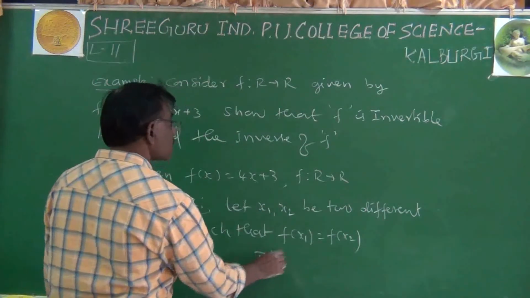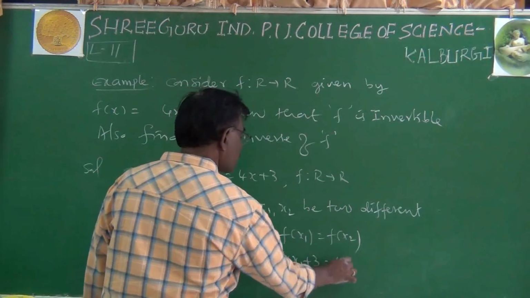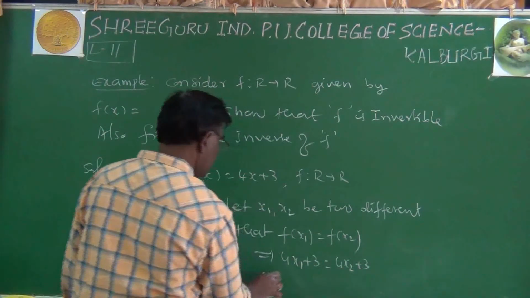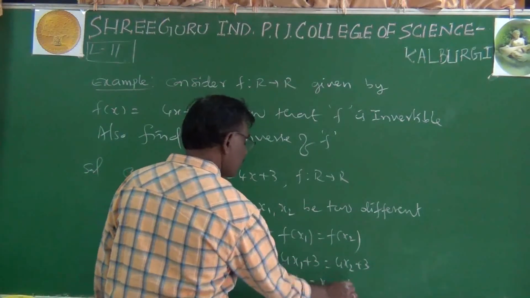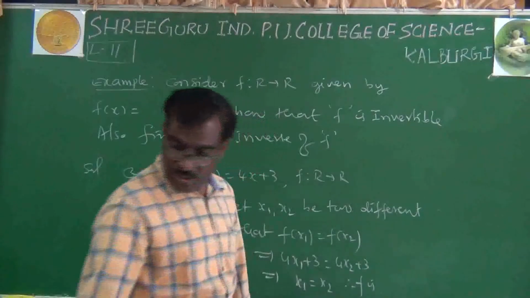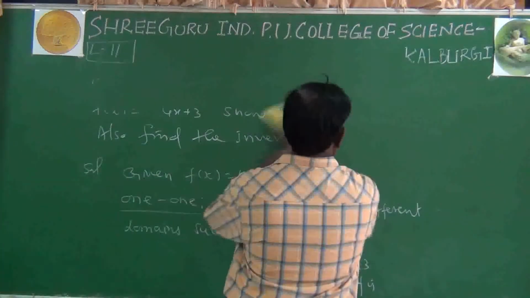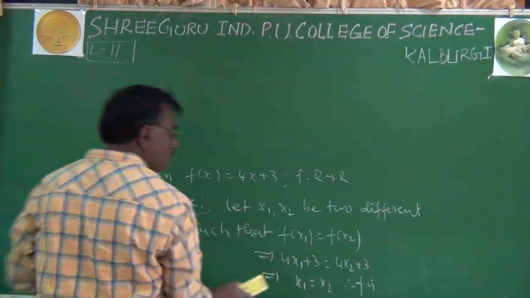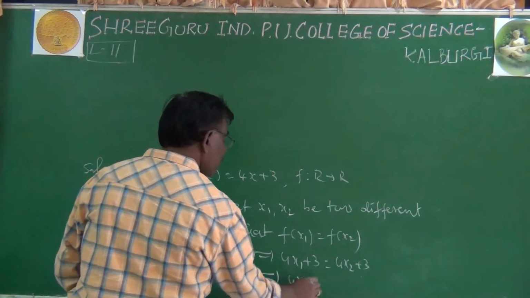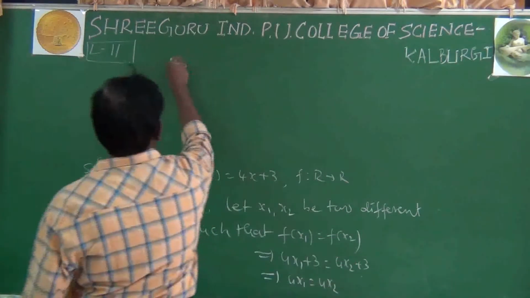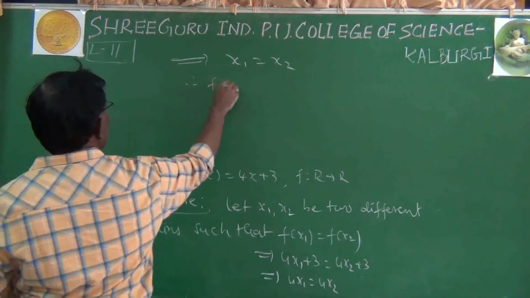So it implies 4x1 plus 3 equals 4x2 plus 3. It implies the 3 cancels, and 4x1 equal to 4x2. Therefore, f is one-one. If you want to take only 4x, it implies 4x1 equal to 4x2, so x1 equal to x2. Therefore, f is one-one.